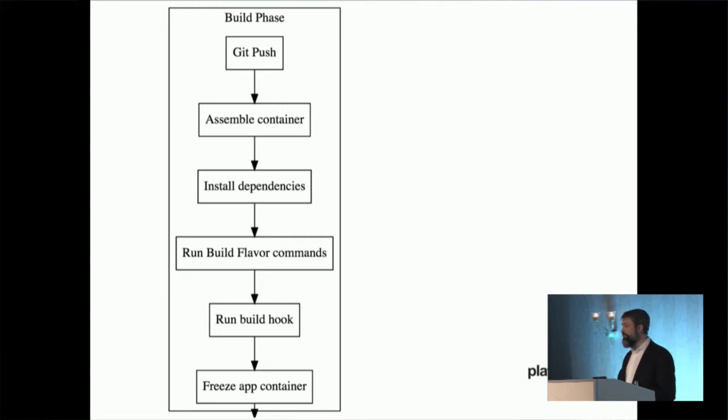It runs a build hook, which is a script that you provide as a developer to organize your code or complete the building of the code in such a way that it's ready to run. That could include compiling your SASS. And finally, after it's done that successfully, it basically has code which is ready for production, and it puts that onto a read-only file system that's very similar to a CD-ROM. Can't ever be changed.